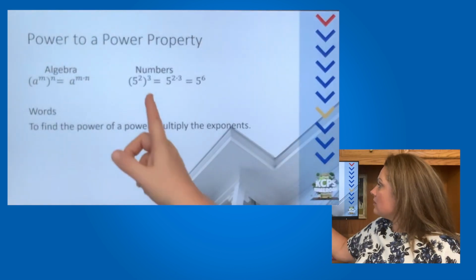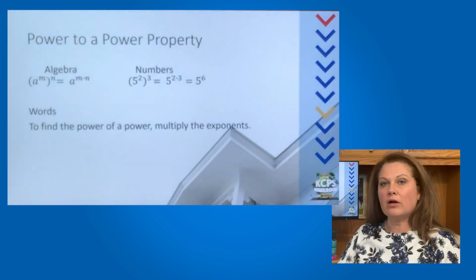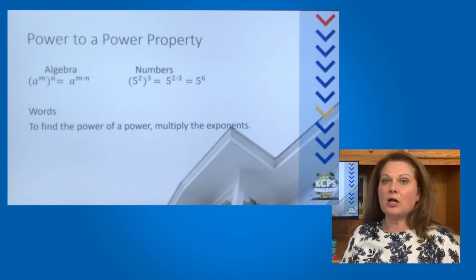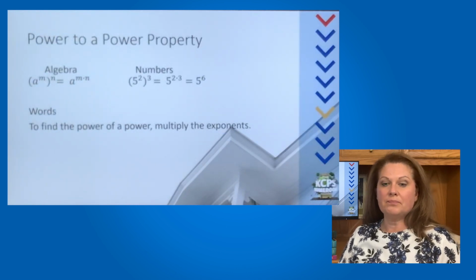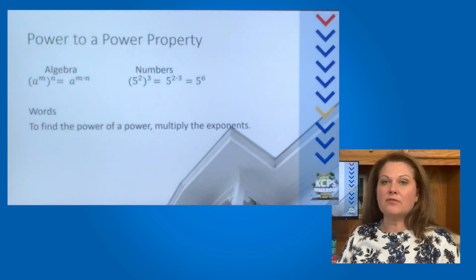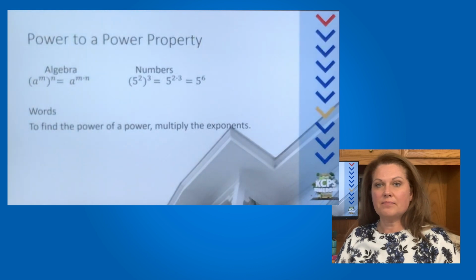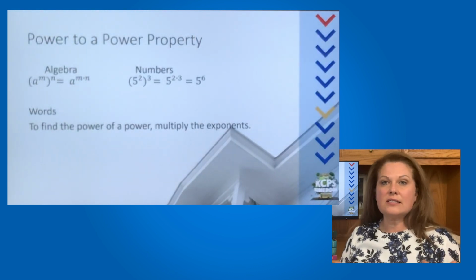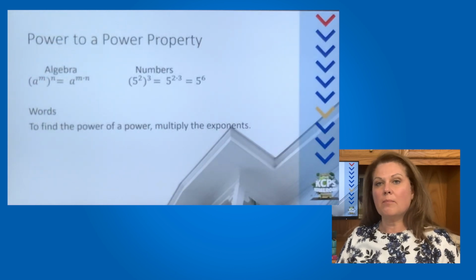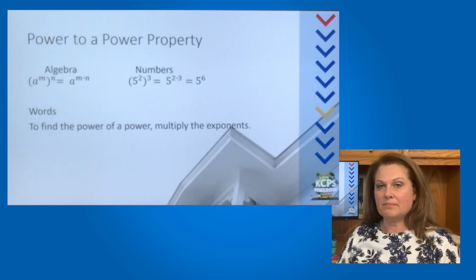We have 5 to the 2nd power to the 3rd power. We're working with the same base, so we simply multiply 2 times 3. 2 times 3 is 6. That is our simplified version, 5 to the 6th. Now in words, it's going to sound something like this: to find the power of a power, multiply the exponents.